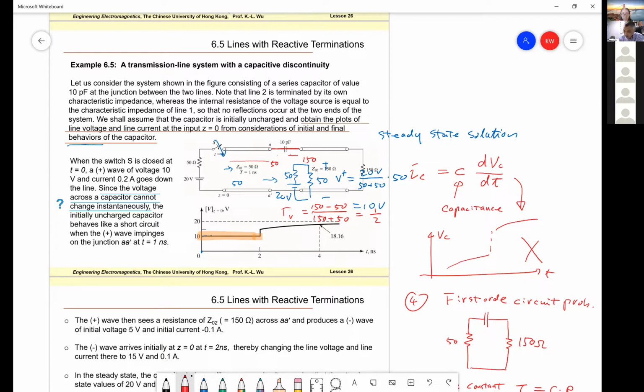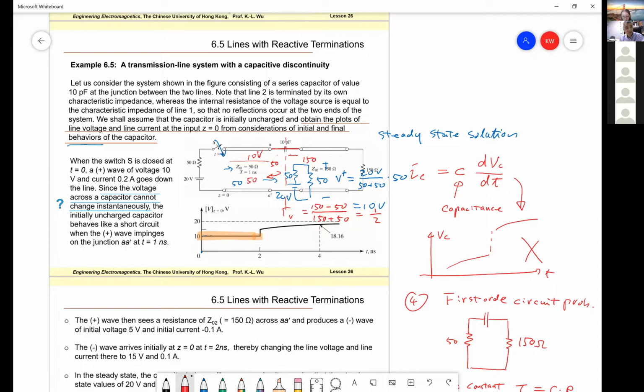So that means we have 10 volt hitting this boundary, and we have a reflection. The reflection is 10 volt times 1/2, so that is 5 volt.